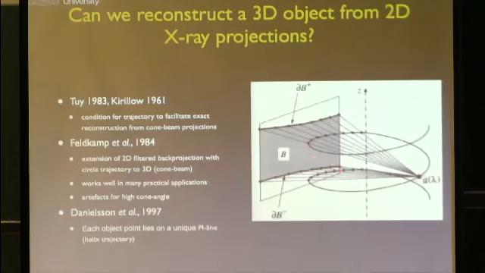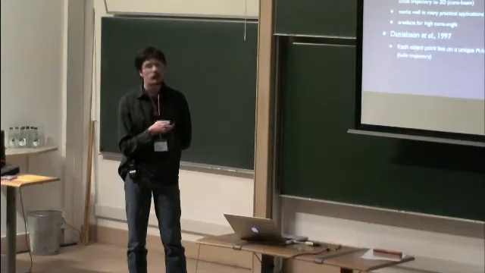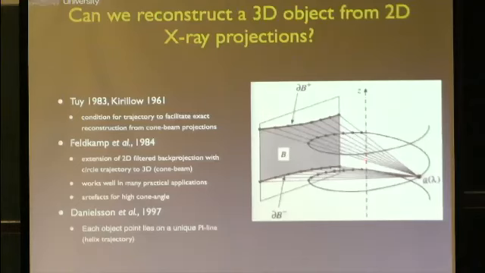That means that really to reconstruct the object somewhere here, all we in theory should need is the X-ray projections from this region. We shouldn't need all the information above and below. If we base any reconstruction on the three-dimensional Radon transform, we would need all that kind of information.